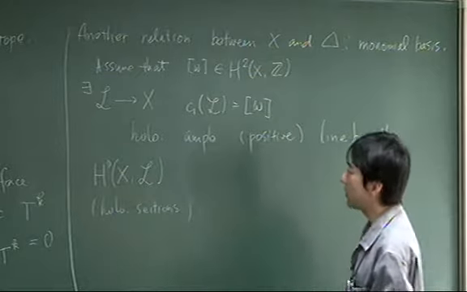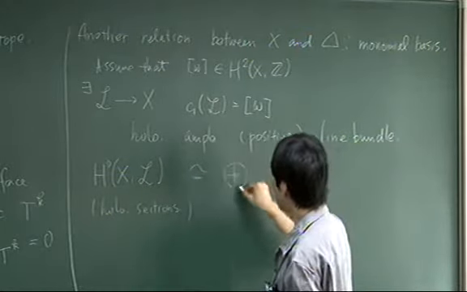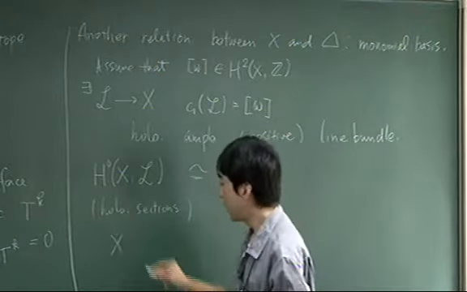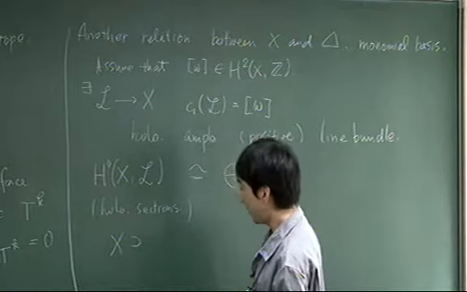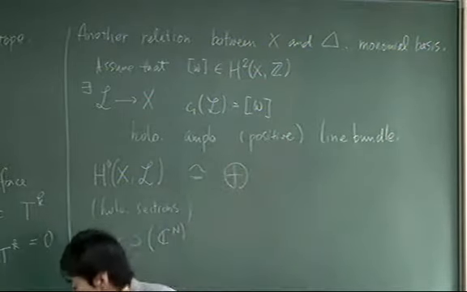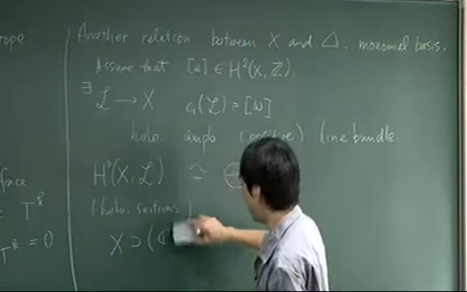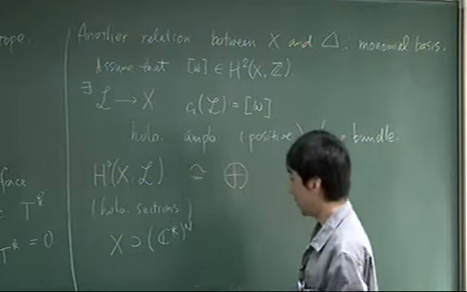Then this has a special basis. So if X is a toric variety, then it contains a large open orbit of this torus.